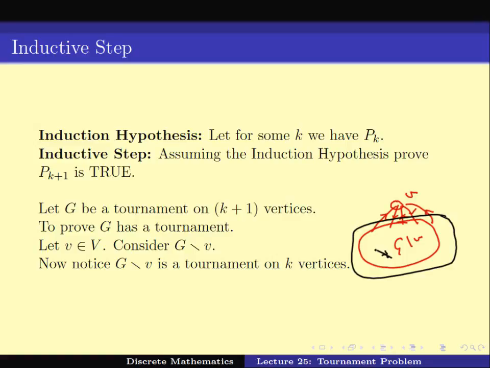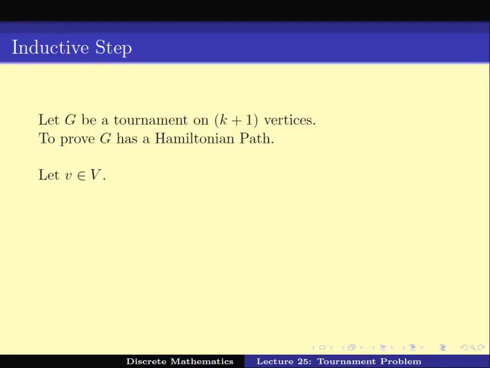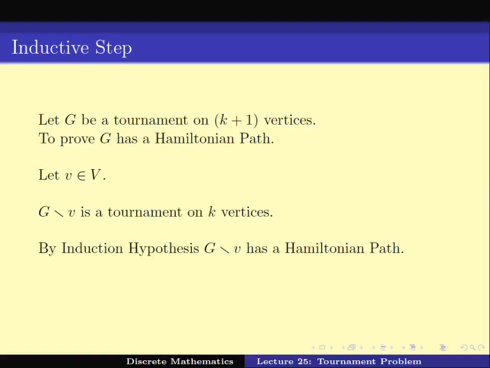That's the definition of tournament, right? And since G was a tournament originally, this must also be a tournament. So I can apply the induction hypothesis on this problem. So we start with V, we look at G minus V, that's a tournament on k vertices, and by the induction hypothesis, it has a Hamiltonian path. Right?